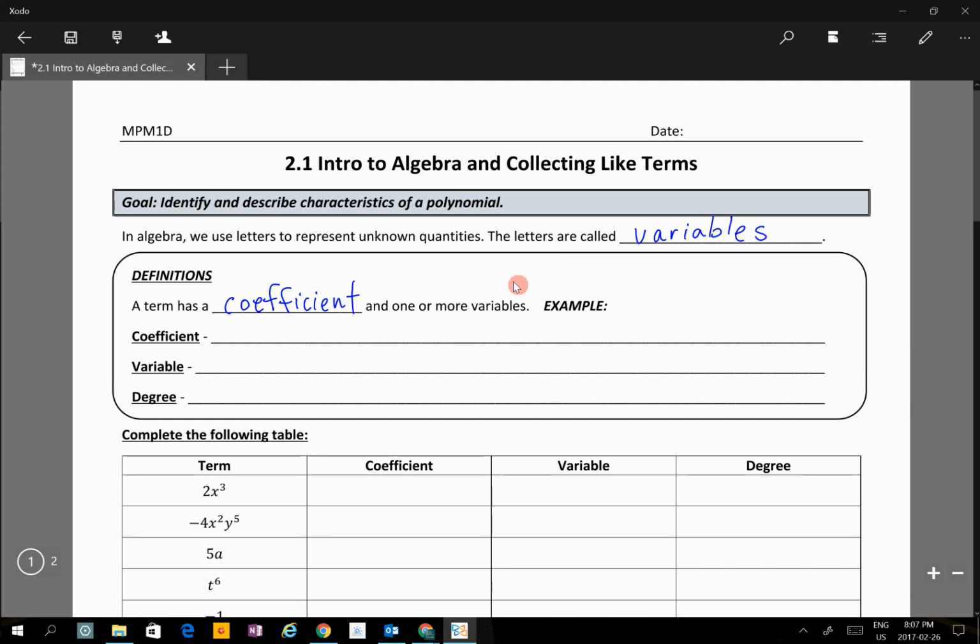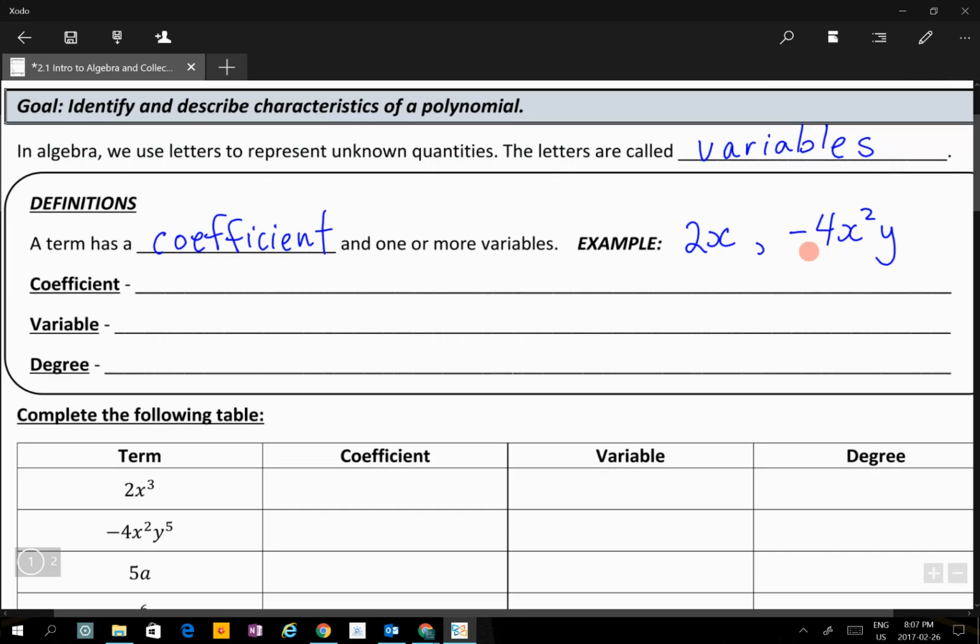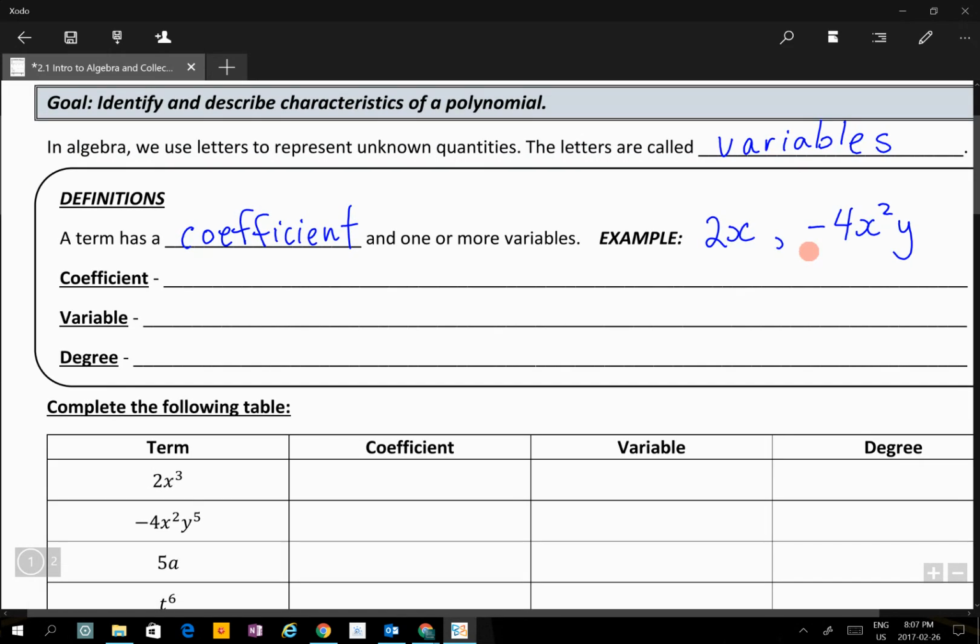An example of this would be something that looks like 2x, or even something that looks like this, negative 4x squared and y. Here, 2 is a coefficient, x is a variable. Here, negative 4 is a coefficient, x and y are variables. So what exactly are these things called coefficients and variables?